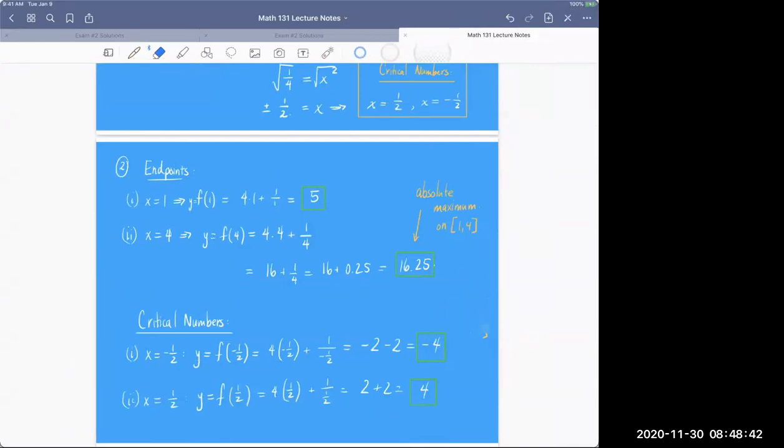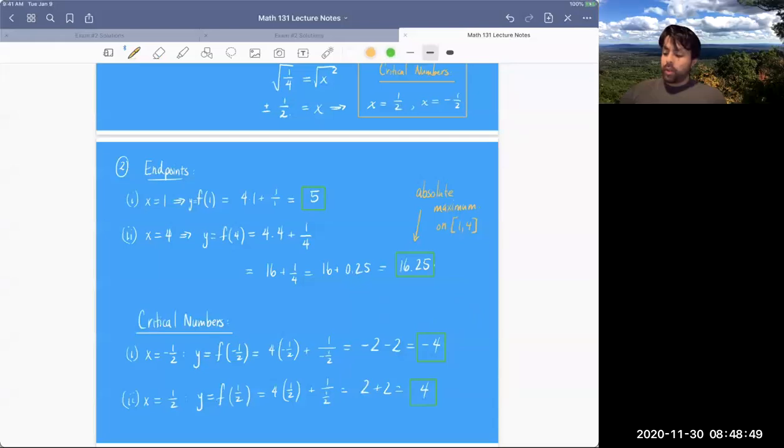We would say anything lower than 1, we would disregard this, because x equals negative 1/2 is not in the interval 1 through 4. So we have to just disregard this completely. We don't care about this.